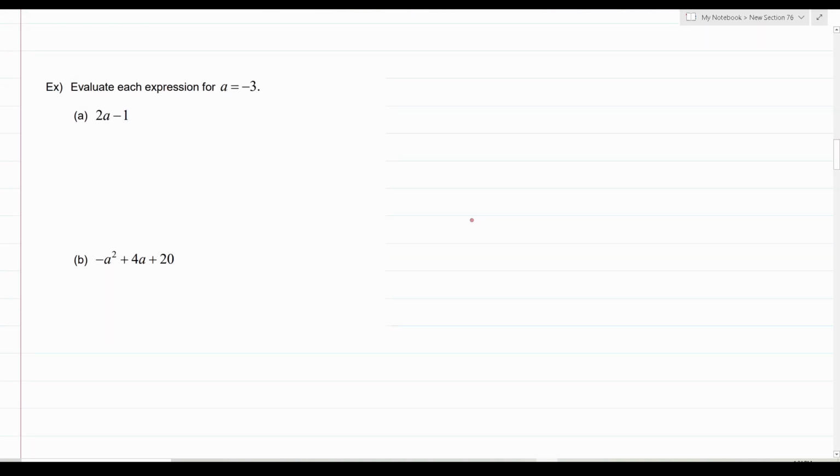For these next two problems, it says evaluate the expression for a being -3. Our first expression here is 2a minus 1, and we're letting a equal -3. So first, we plug in -3 for a, and this becomes 2 times -3 minus 1.